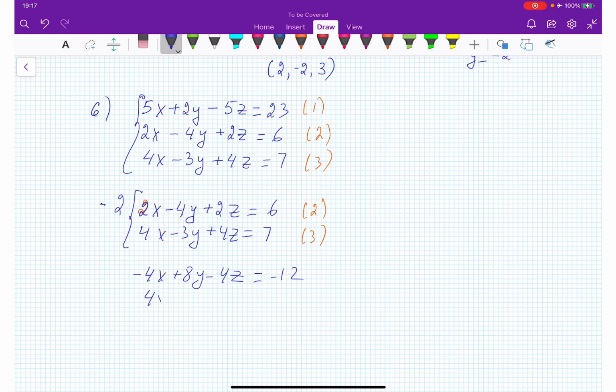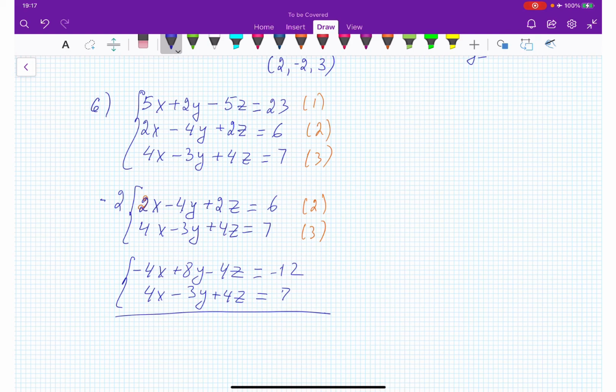Okay, 4x minus 3y plus 4z is equal to 7. All right. So what's going to happen here? A beautiful thing is going to happen. This is gone, and we end up with 5y that is equal to negative 5, and y is equal to negative 1.